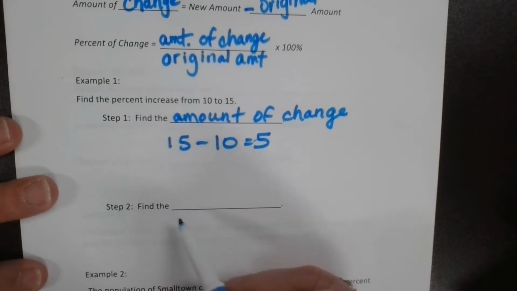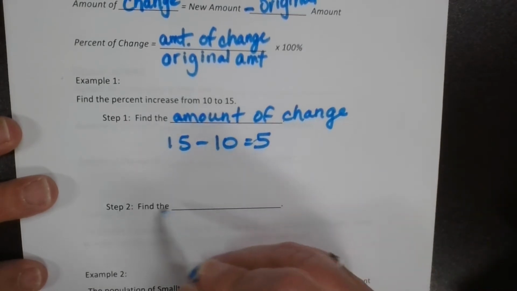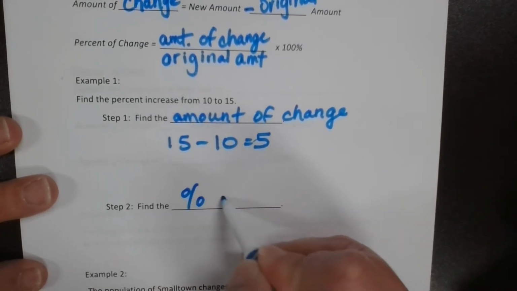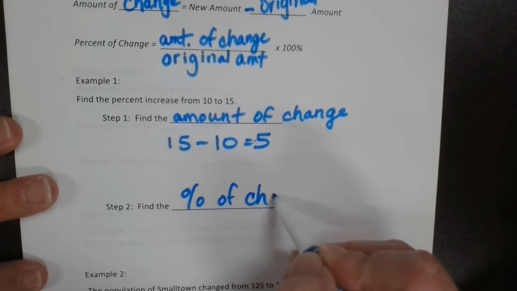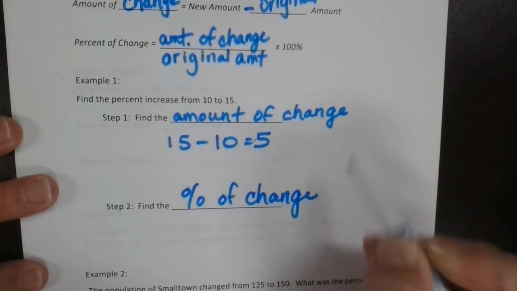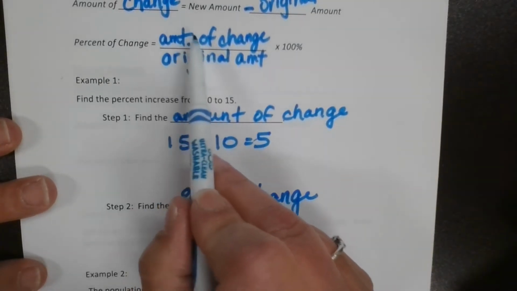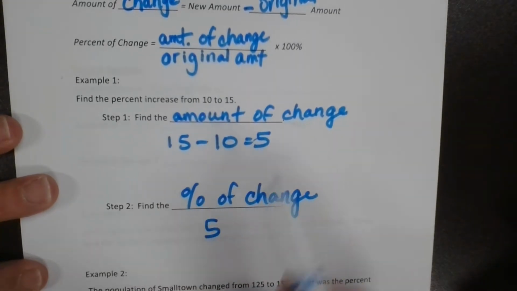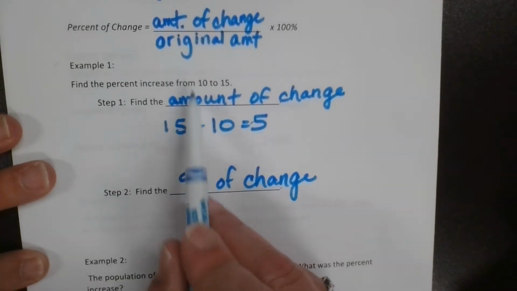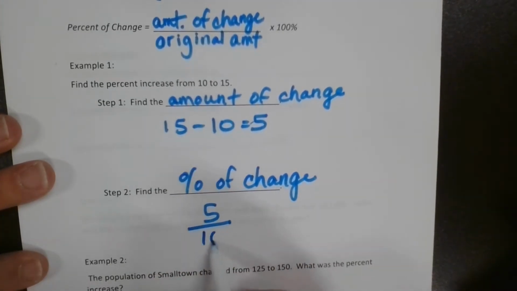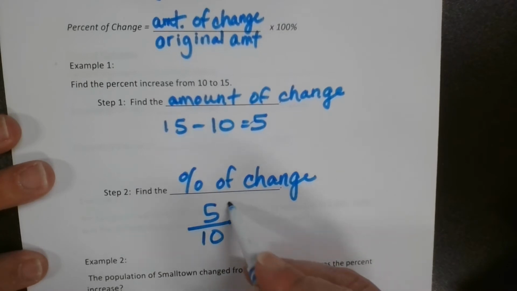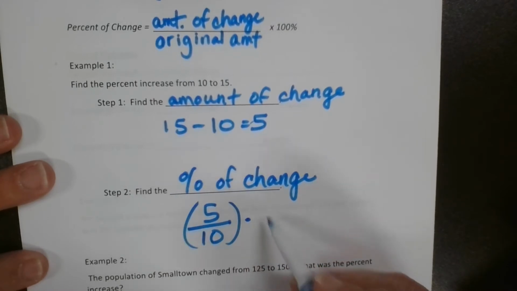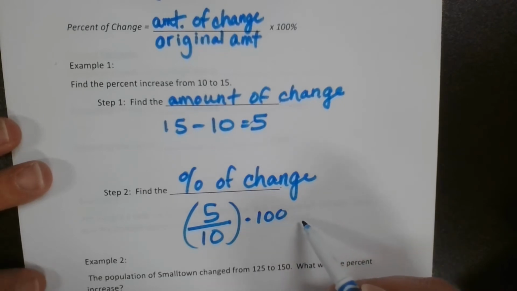Then in step 2 of this problem, I want to find the percent of change. The formula says that I take the amount of change, which we just found to be 5, divide that by the original amount, which was 10, and then multiply that number times 100 to get the percent.